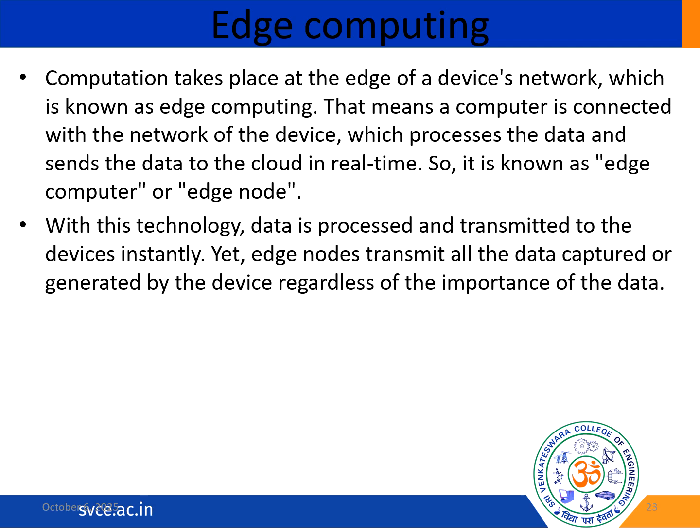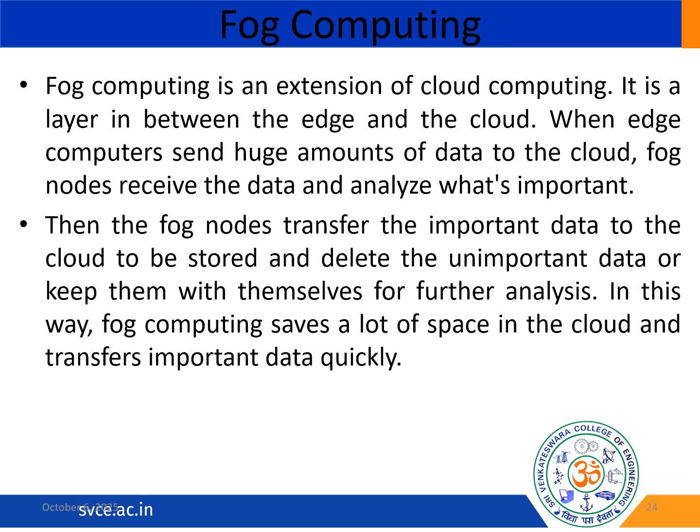In order to accurately assess a patient's condition and foresee treatments, data is processed with a variety of edge devices connected to sensors and monitors. With this technology, data is processed and transmitted to the devices instantly. Edge nodes transmit all the data captured or generated by the device regardless of the importance of the data.